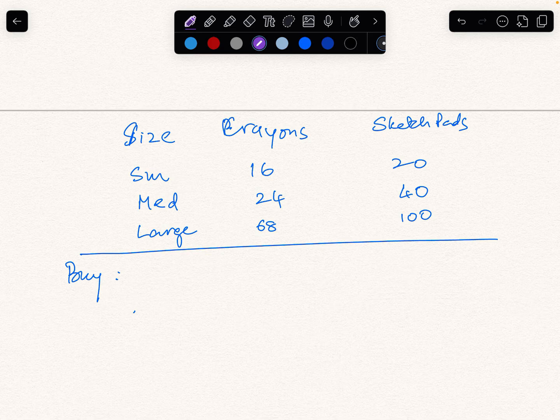The school buys 30 small, 35 medium, and 10 large. And they then return 11 medium.